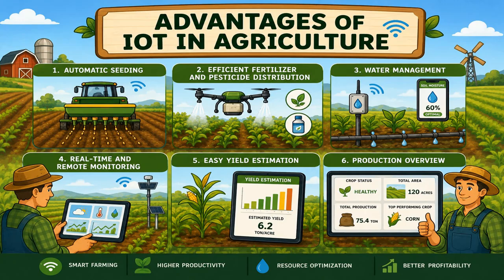Agricultural IoT enables the autonomous execution of different agricultural operations. So the specific advantages of agricultural IoT are automatic seeding, efficient fertilizer and pesticide distribution, then you have water management, real-time and remote monitoring, easy yield estimation, and last is the production overview.